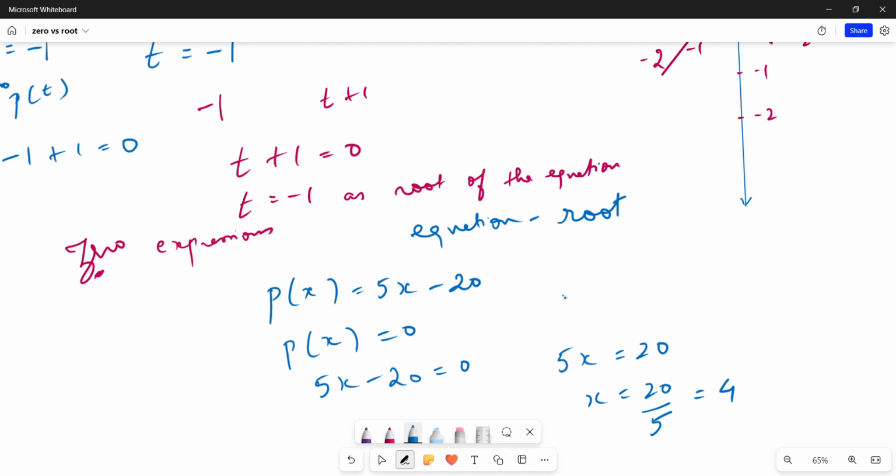So for this equation 5x minus 20 equal to 0, the root is at x is equal to 4. The root of this equation is 4, meaning the graph intersects the x-axis at 4, right? So I hope the 0 and the root are now quite clear to you.